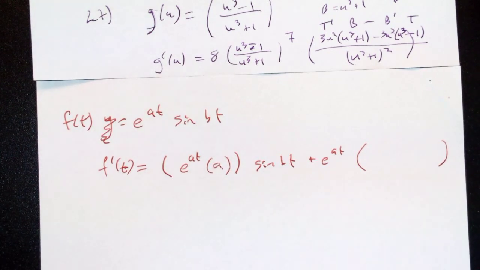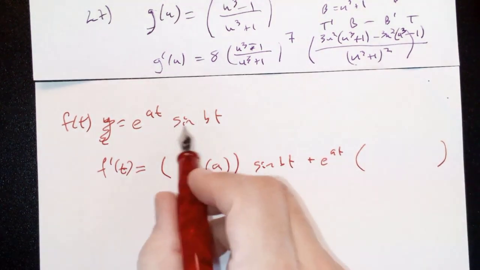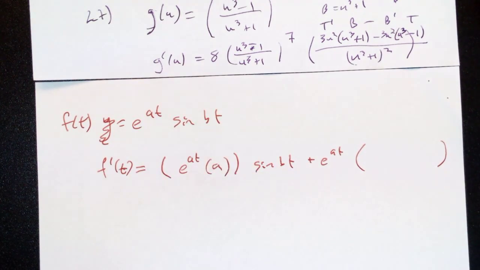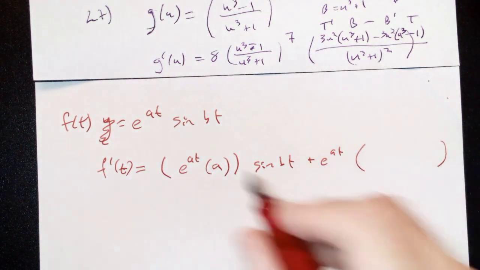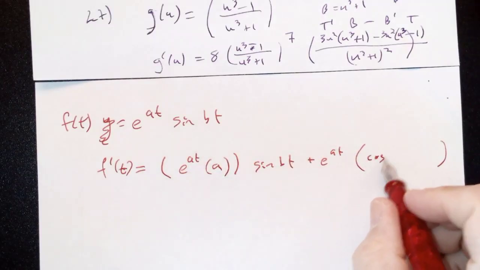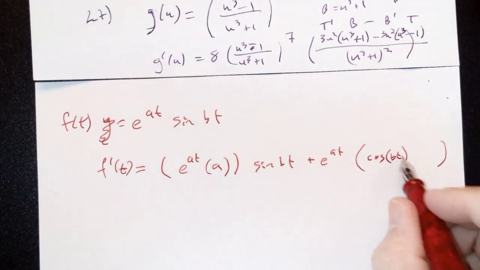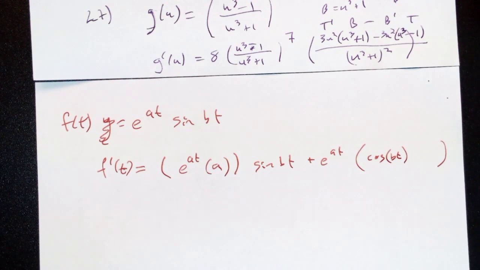That number could be an ugly looking number, like pi. Over here, sine of bt, sine of stuff, derivative of sine, cosine. So the derivative of sine of stuff is cosine of stuff. Don't change that. But wait, there's more. The derivative of bt.